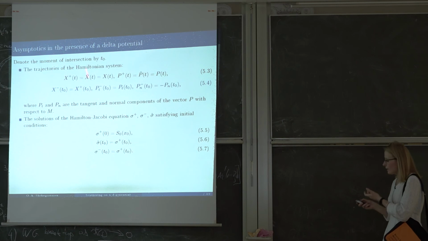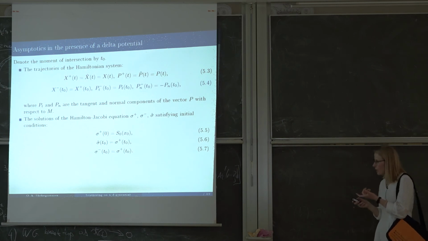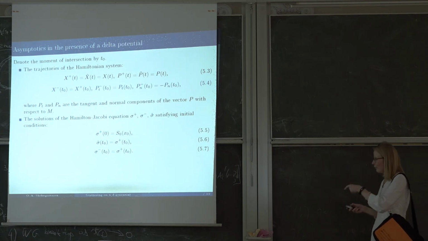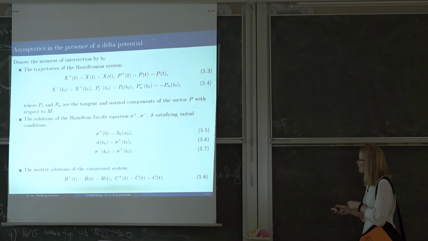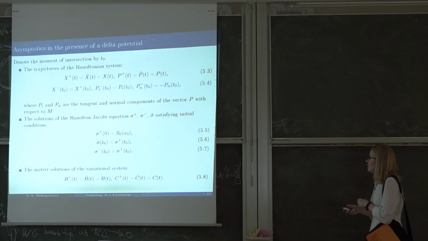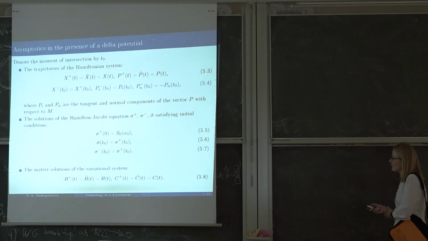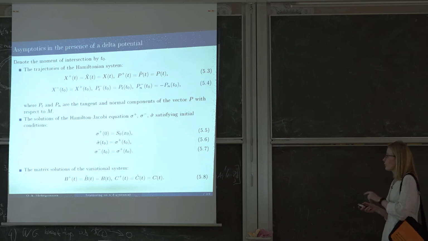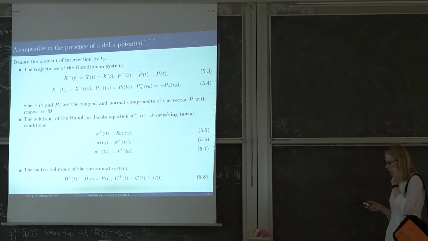The sigma function is a solution of the Hamilton-Jacobi equation, and it satisfies these boundary conditions at the point t0. And the main question is how to define the solution of the variational system. For the falling and for the passing waves, the phases are the same. That's why we define them as before.